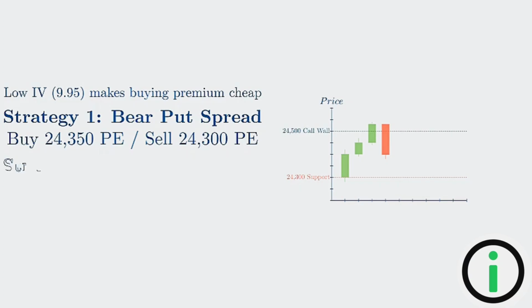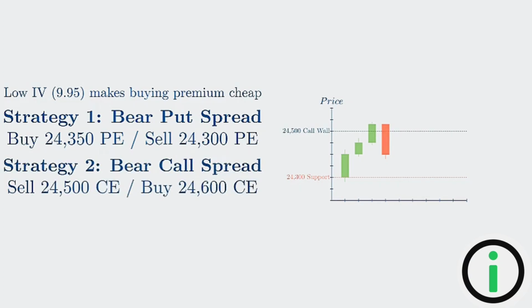For a more conservative approach that benefits from time decay, a bear call spread selling the 24,500 call and buying the 24,600 call aligns perfectly with the heavy call writing wall we identified earlier. This strategy profits as long as Nifty stays below the 24,500 resistance.